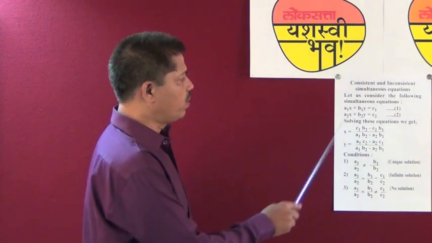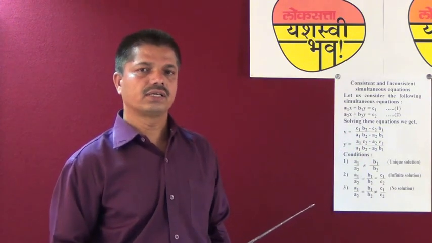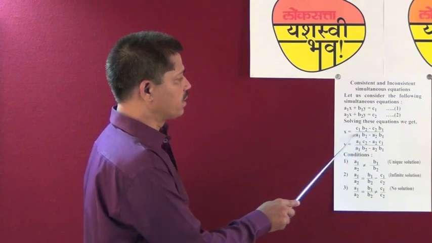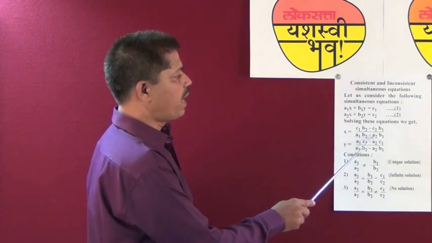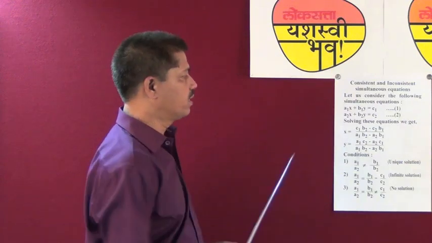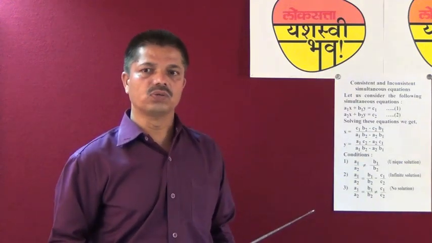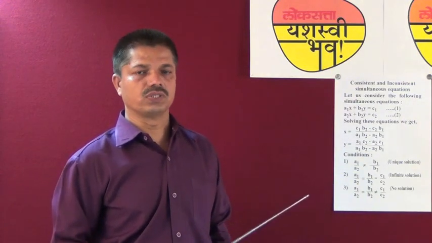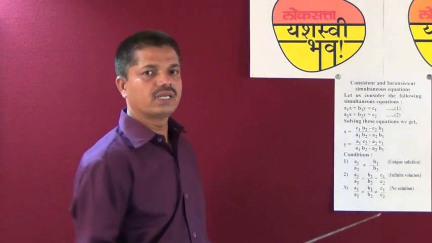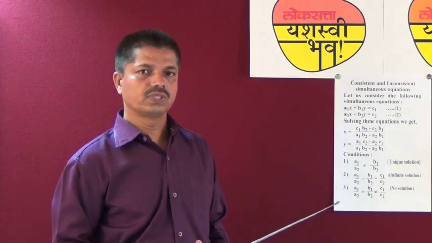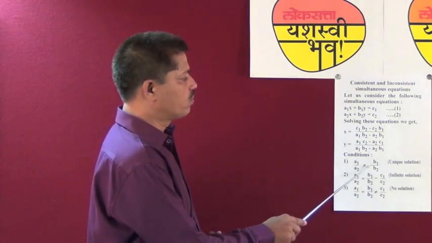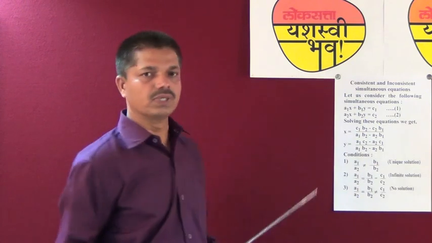Now if you look at the values of x and y, you can find that the denominator a1 b2 minus a2 b1 of the value x as well as y, you will find if this value is not equal to 0, that is a1 b2 minus a2 b1 is not equal to 0, and we get a1 upon a2 is not equal to b1 upon b2.